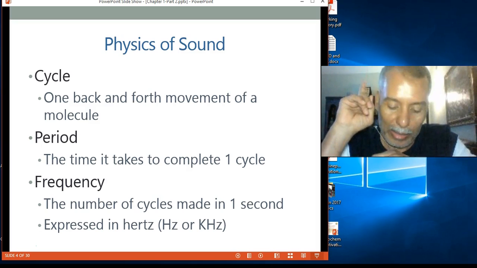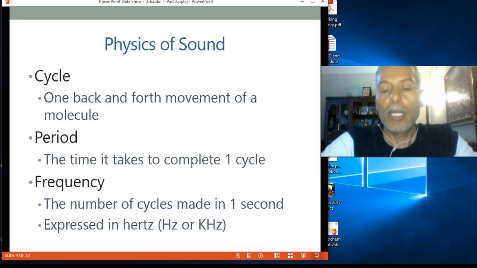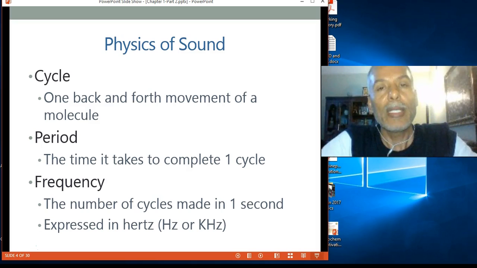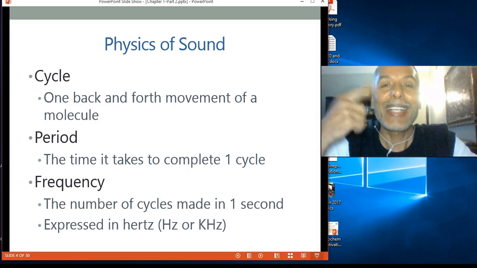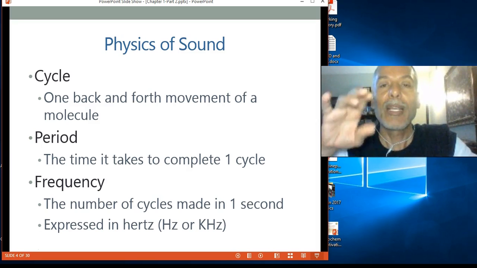Remember, in sound, in order for any sound to be made, it has to occur within a single second. It has to occur fast enough so it can make a certain number of vibrations in 1 second.